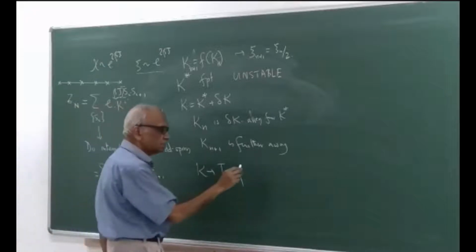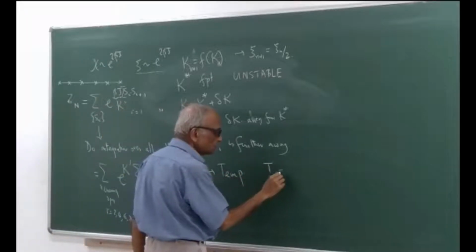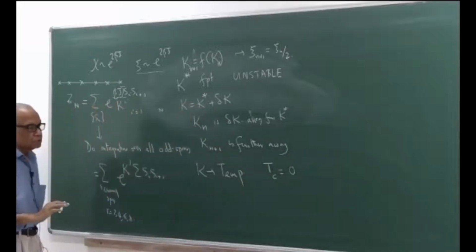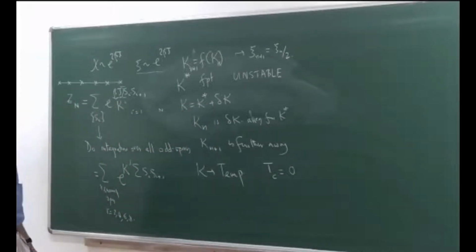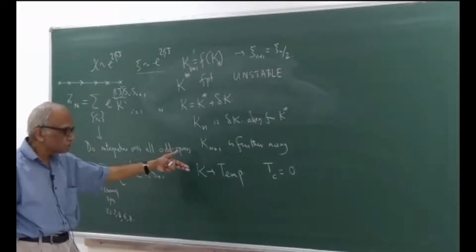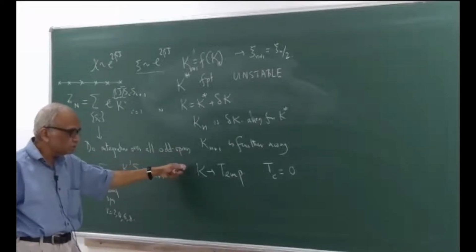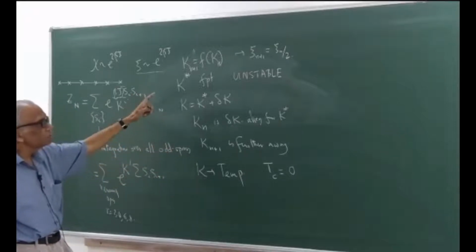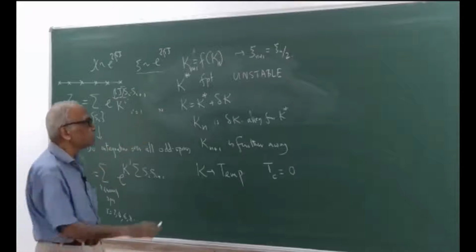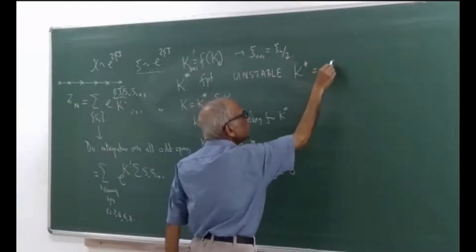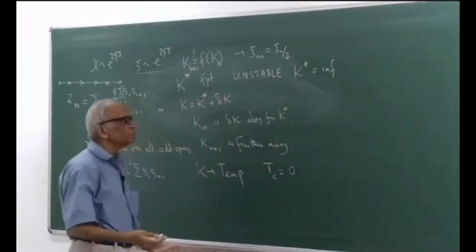It is Tc, and Tc in this case, as we have known from before, is equal to 0. The coupling constant is determined by T, J over kT, so the fixed point corresponding to Tc equal to 0 is K star equal to infinity, and it's an unstable fixed point.